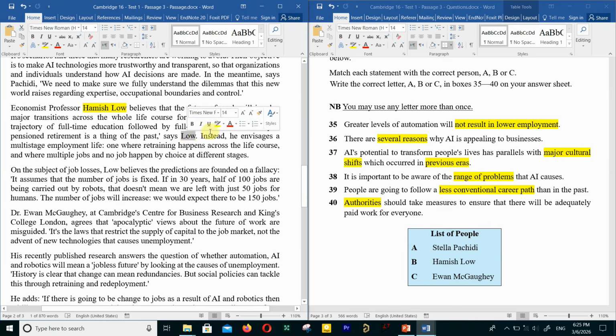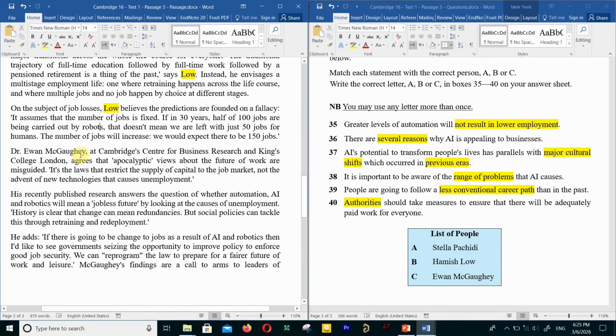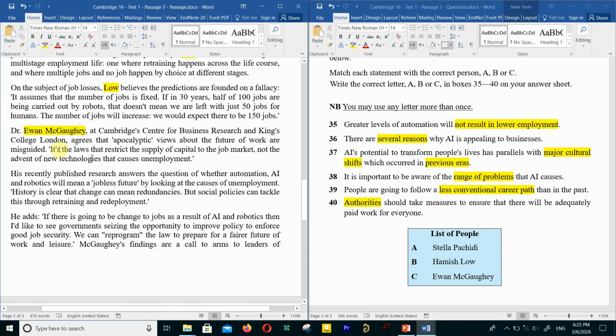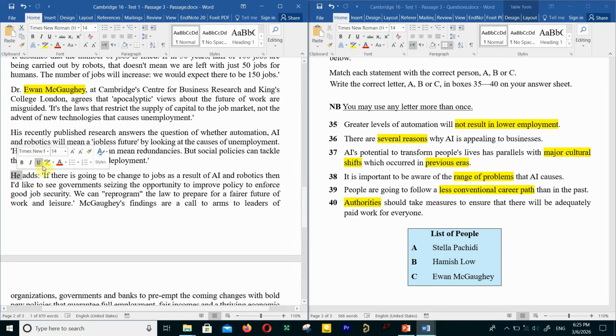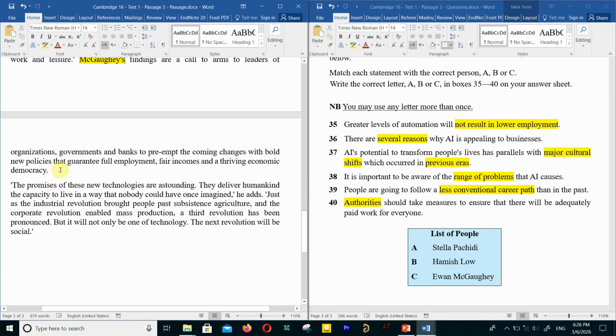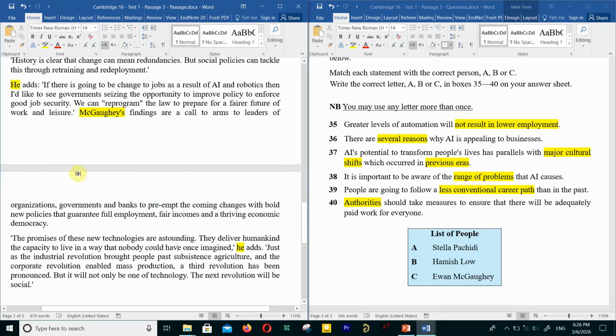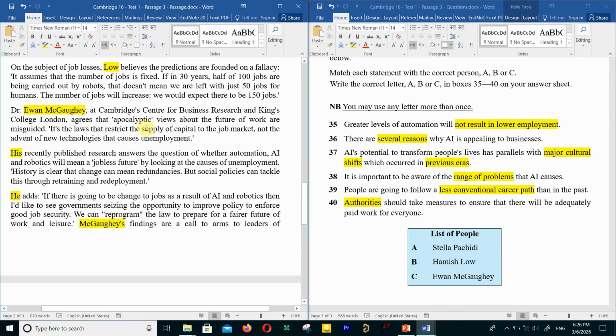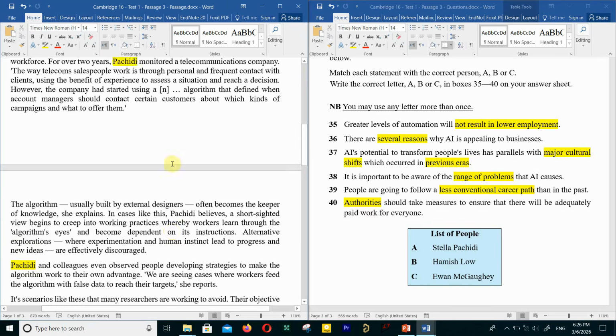Hamish Low says, believes, and then Dr. Ewan McGaughey, and from here to the rest he adds, mentioning McGaughey again. He's recently published, again talking about McGaughey. The names are in order. Here again he adds, mentioning this guy. Now start with the beginning.